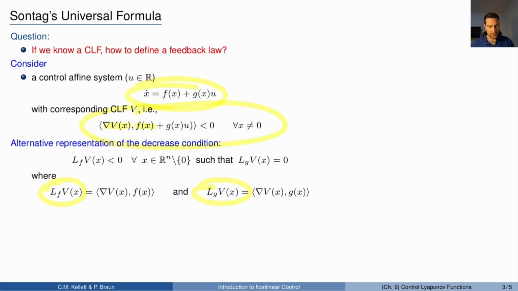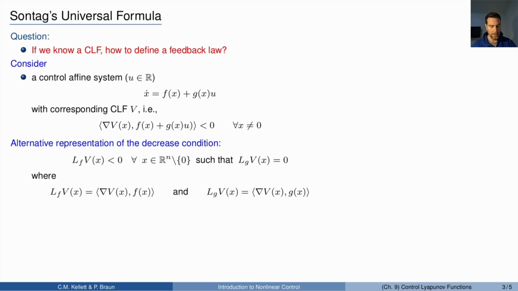The decrease condition up here can be written in terms of the equivalent condition here, saying that whenever L_g V is equal to 0, then the condition L_f V less than 0 needs to be satisfied if x is unequal to 0. How do we see that this condition is needed?